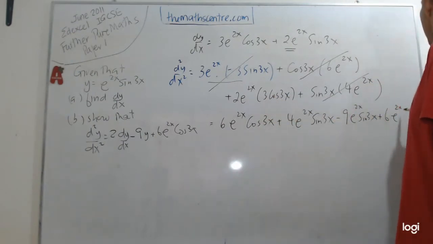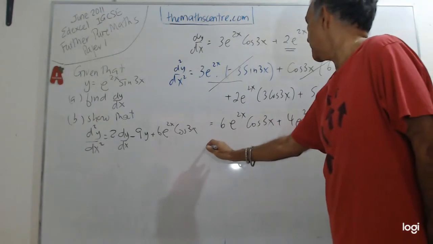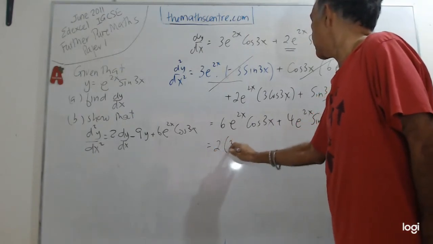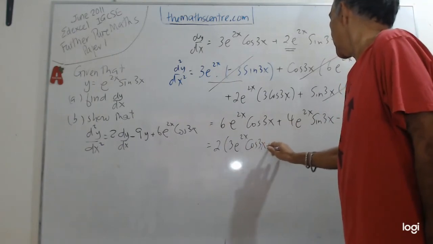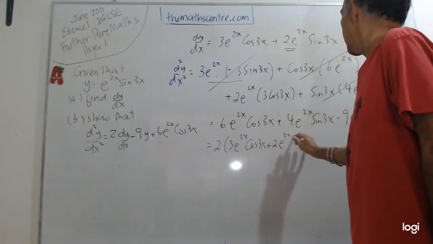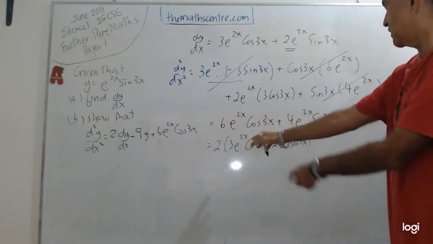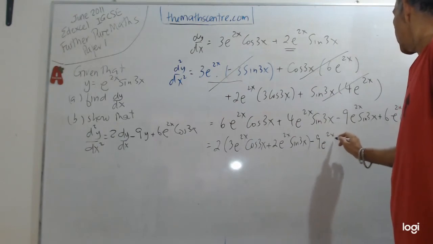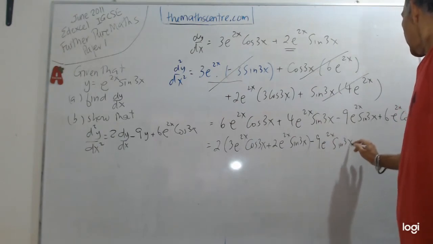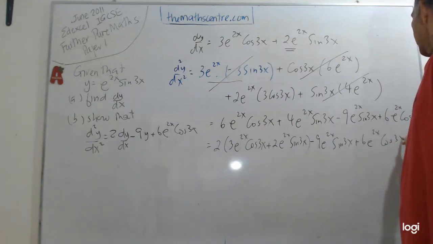Everything looks good, so let me take out 2: 2 times 3e to the power of 2x cos 3x plus 2e to the power of 2x sine 3x. Then minus 9e to the power of 2x sine 3x and plus 6e to the power of 2x cos 3x.